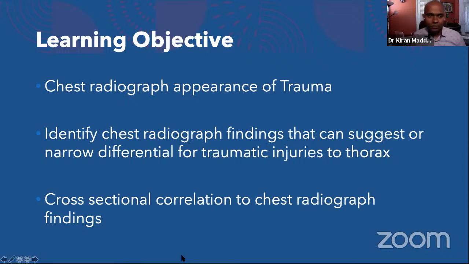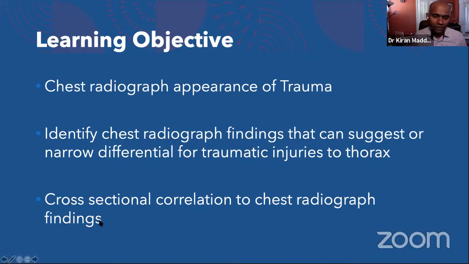So for today's lecture, the learning objectives: the chest radiograph appearance of the trauma patient. I'll go through the checklist in a couple of minutes, but that's what I'm going to tell you today, how exactly you have to look at chest radiographs in case of trauma, and identify the chest radiograph findings that can suggest some diagnosis, or most importantly and most commonly, narrow the differential for traumatic injuries to the thorax.